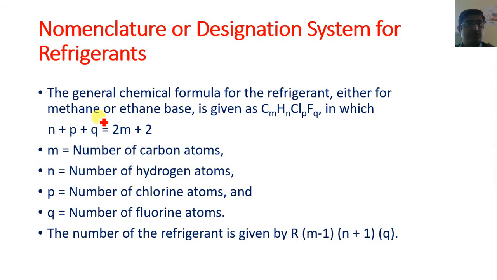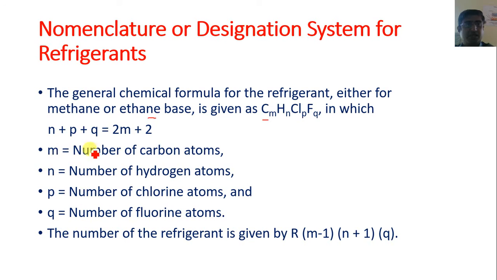First of all, the general chemical formula of the refrigerant, either for the methane or the ethane base, is given as CmHnClpFq, in which n plus p plus q is equal to 2m plus 2.